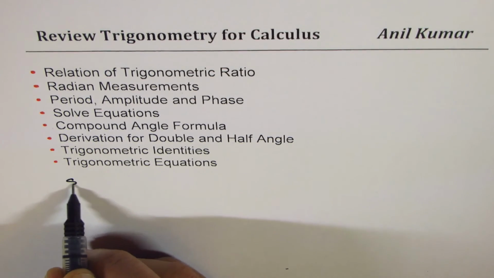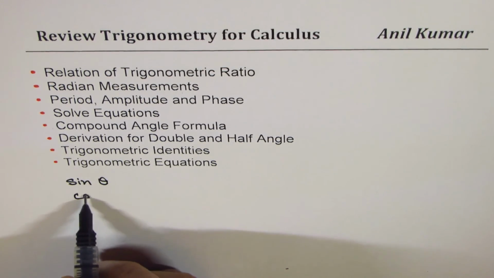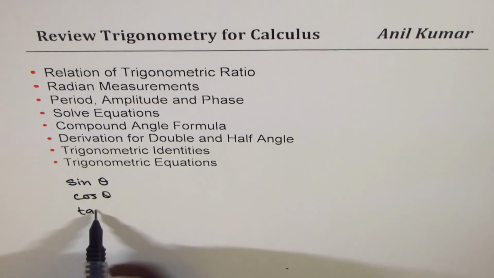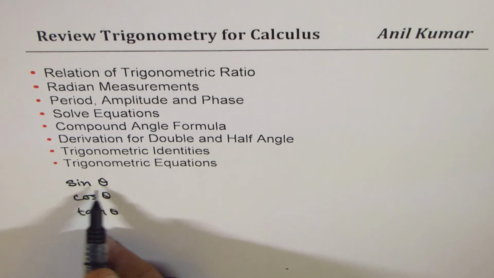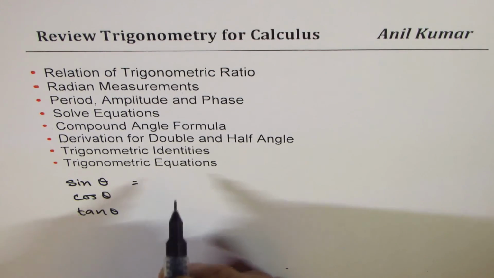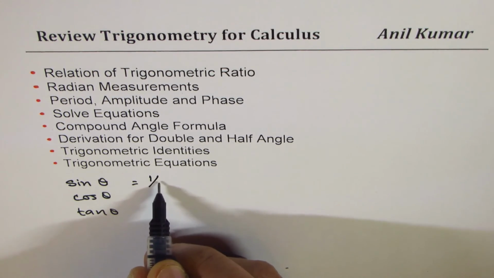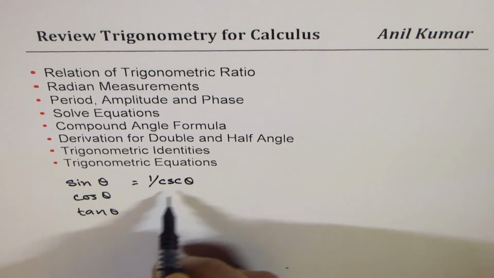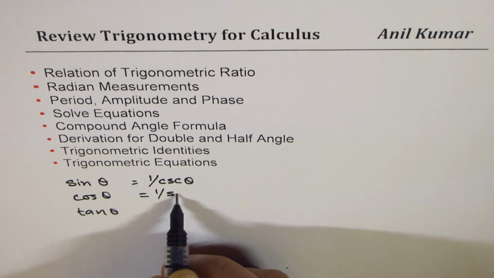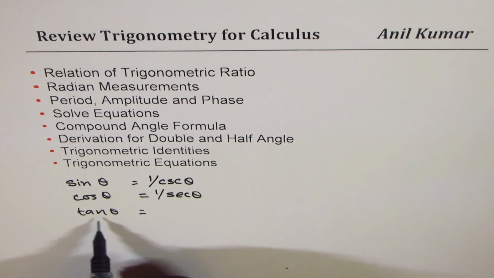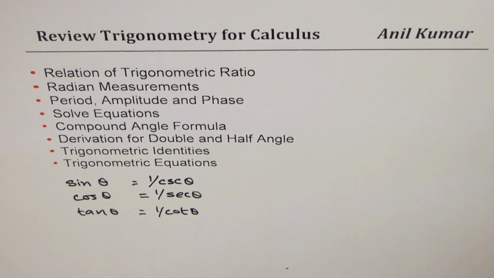So basically, trigonometric ratios are sine, we take angle as theta, cos theta, tan theta. So these are your primary trigonometric ratios, and reciprocal of these, which we say are 1 over sine theta, we can write this as cosecant theta, 1 over cos, we can write 1 over secant, right, the reverse way, and 1 over cotangent theta is tan theta.